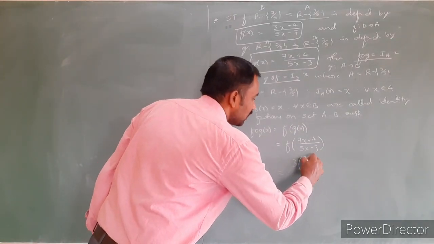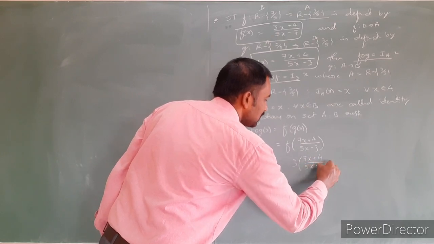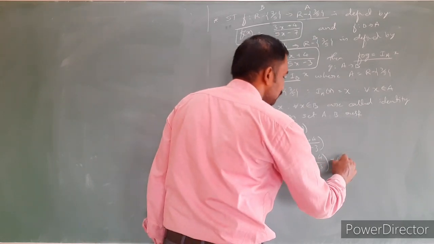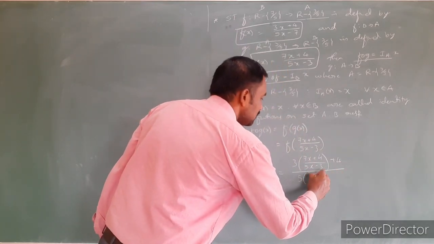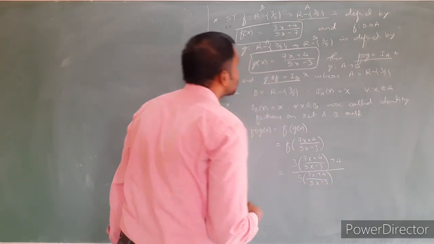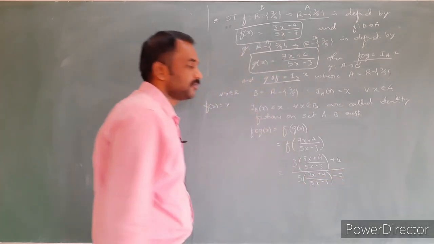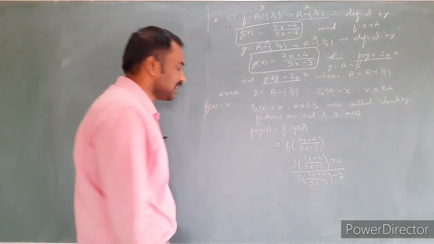We get 3 into (7x + 4)/(5x - 3), plus 4, whole thing divided by 5 into (7x + 4)/(5x - 3), minus 7. Just take the LCM and simplify, we will get the required answer.